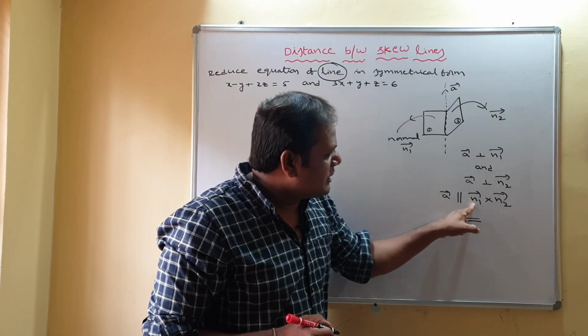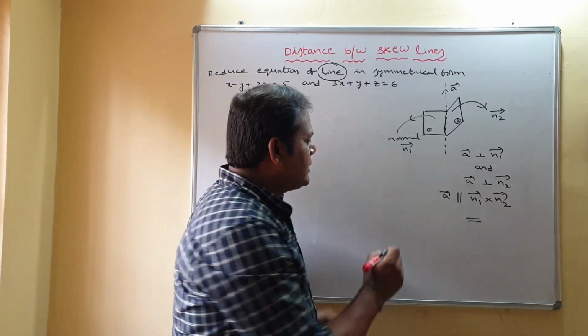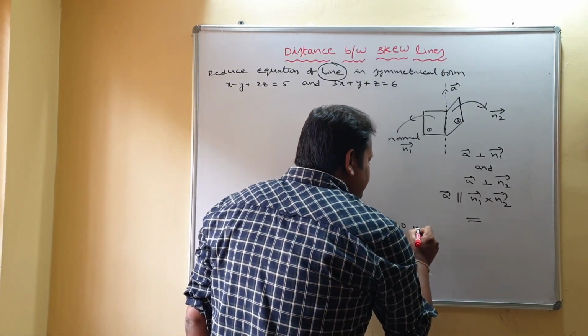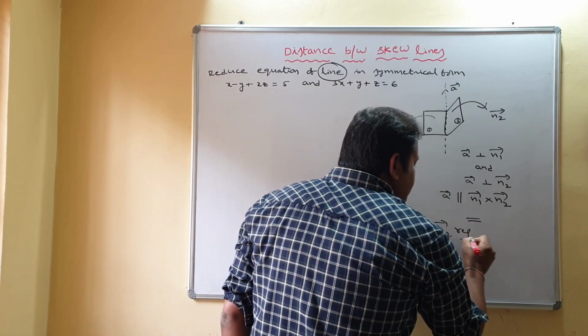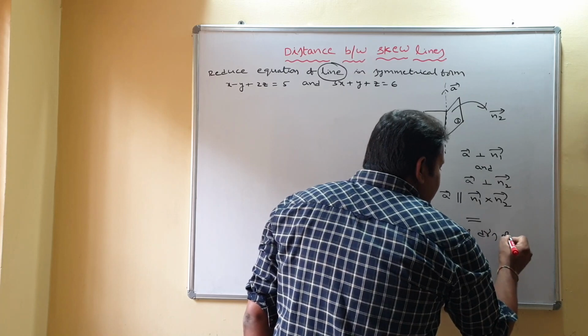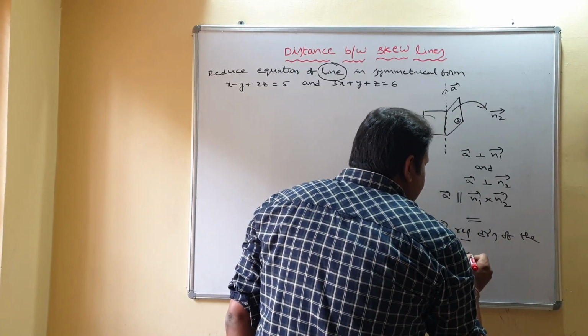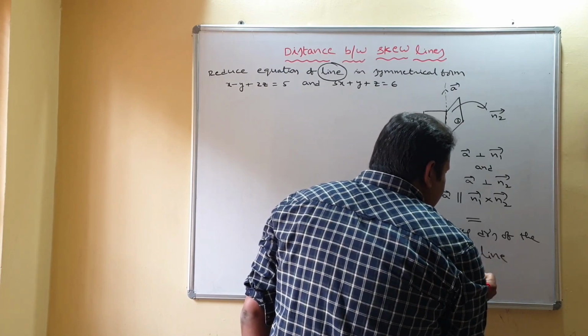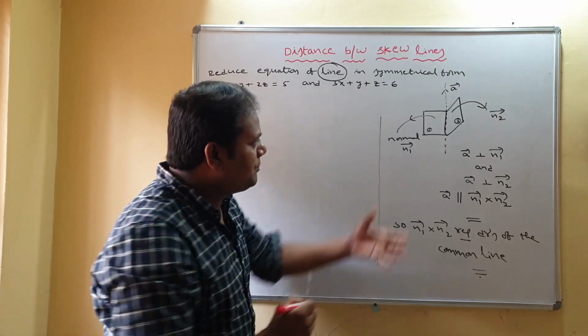So n1 bar cross n2 bar represents dr's of the common line, or dr's of the required line. So you should remember this concept.